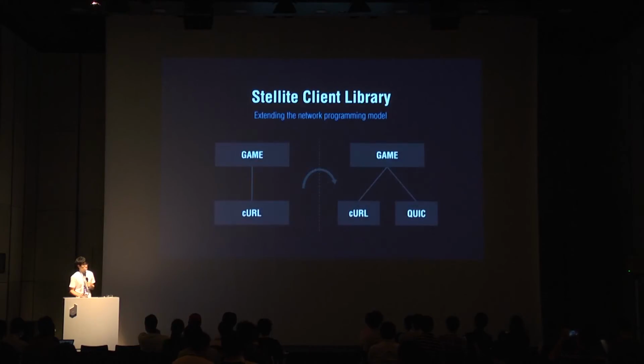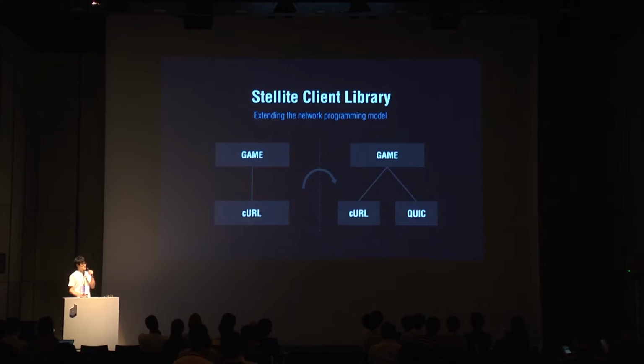The left one is the original network programming model used in the past. When we first launched the Stellite project, the initial plan was changing the model from left to right. But there was one problem.